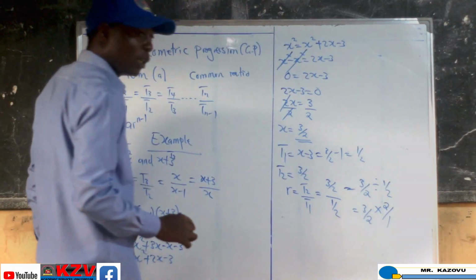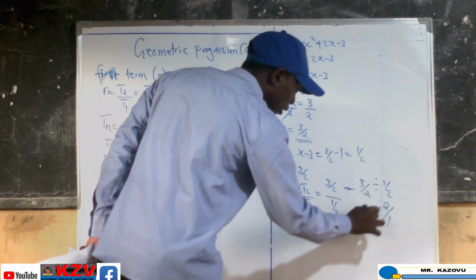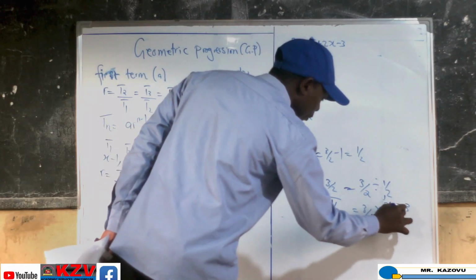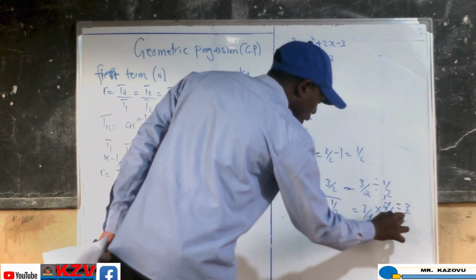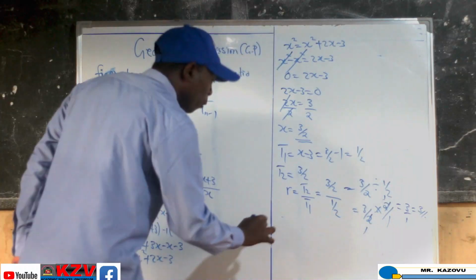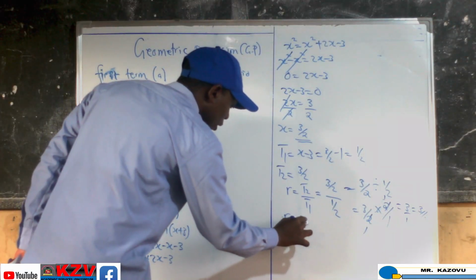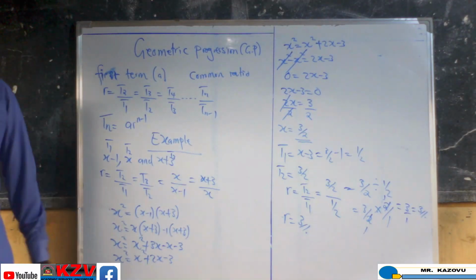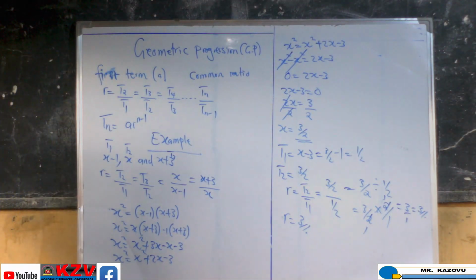Very good. Okay. So now 2 into 2, it's 1. 3 times 1, 3, over 1 times 1, it's 1. 1 into 3, 3. So meaning that our common ratio is 3. Okay, so we can say common ratio is 3. Is that okay? Are you following? Yes. Okay, good. Any doubts?